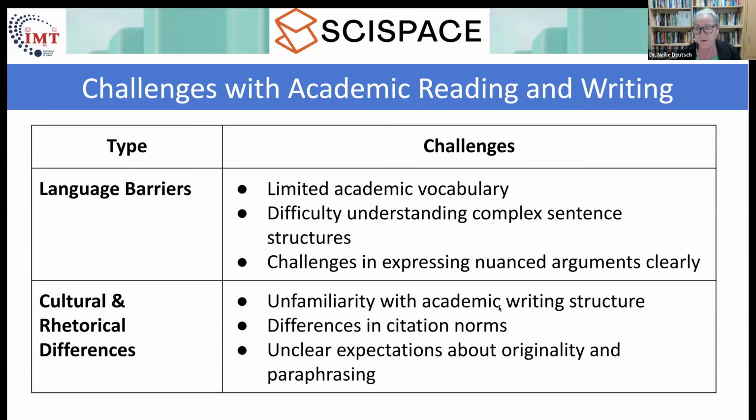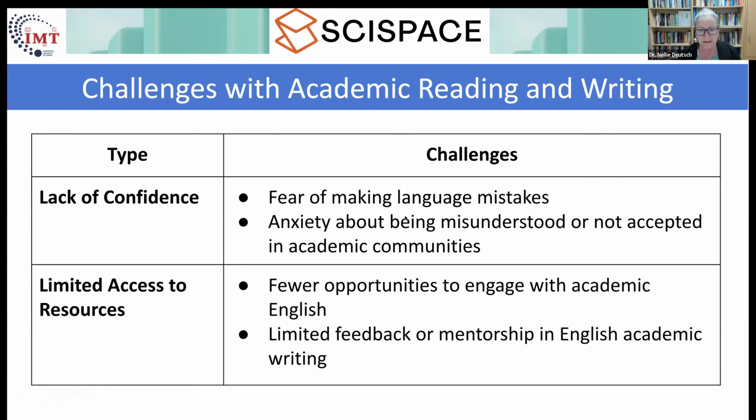And then there's, you mentioned understanding. But there are other concerns besides knowing the academic writing structure and the differences in citation that you mentioned. But there are others like lack of confidence.